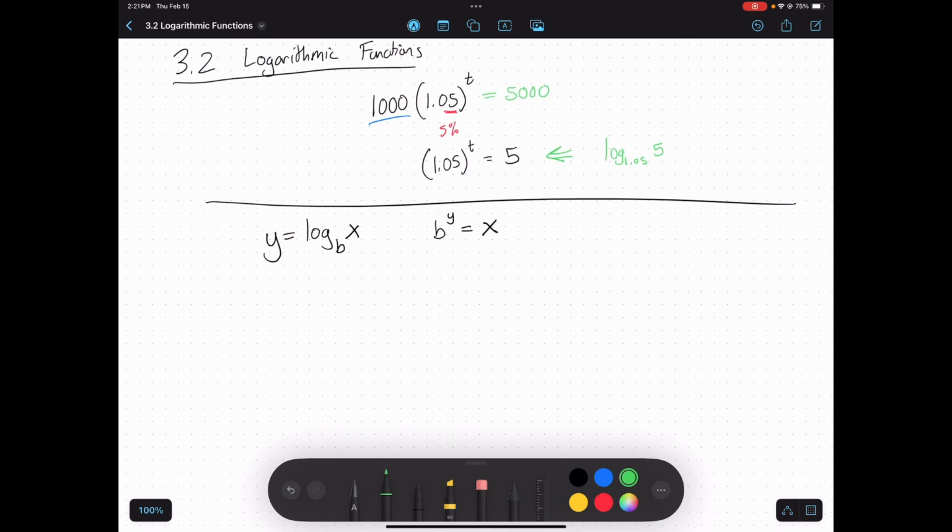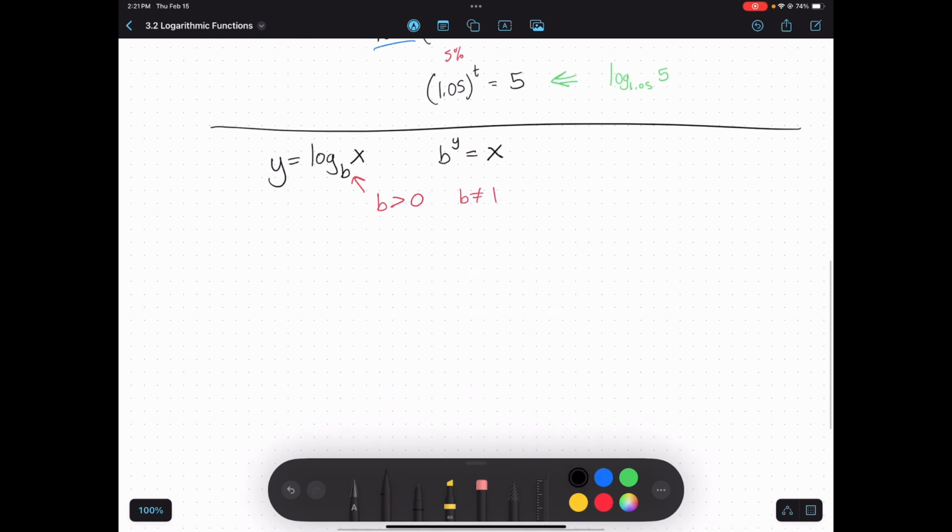And the important thing about a logarithmic function is it's the inverse of an exponential function. Okay. What does that mean about b? Because b represented the base of my exponential function, b must always be greater than 0, with the exception of 1. Okay.